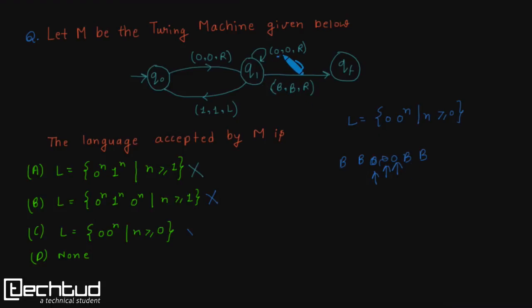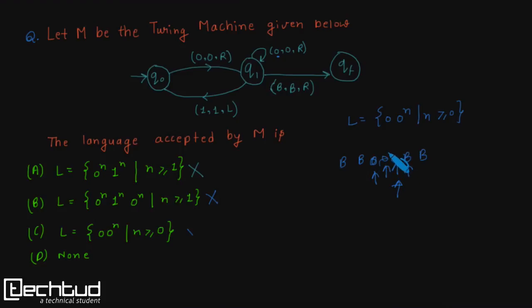Here also you will leave it as 0 and you will move to the right direction. Now you are at a blank entry. So whenever you see a blank entry, you will leave it as blank and you will move to the right direction. Means you will be now here and the state will be your final state. That means the string will be accepted.